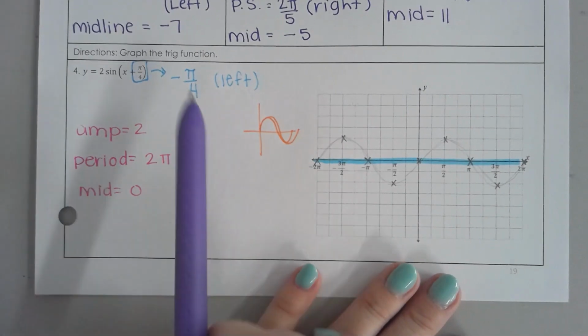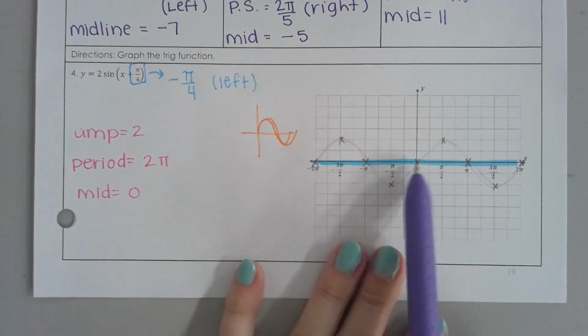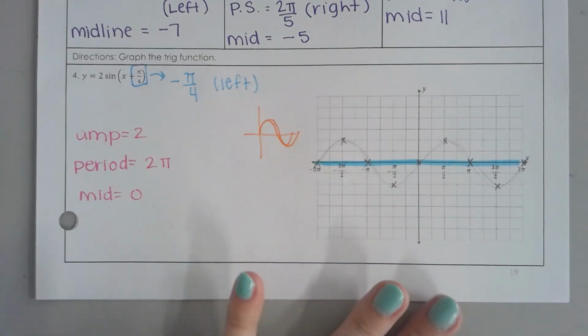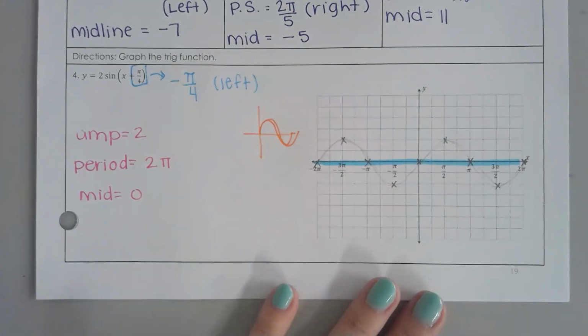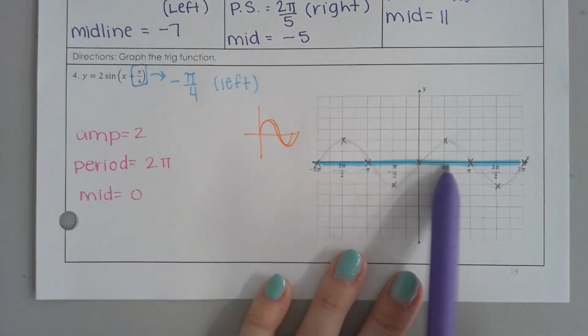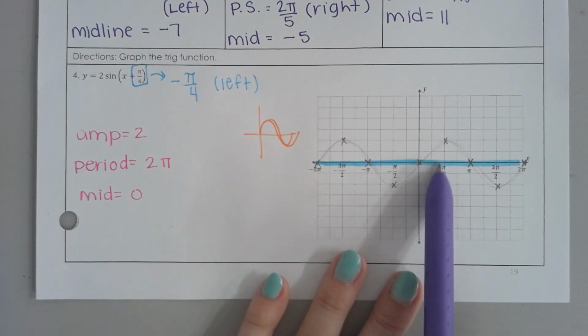Alright, we're going to move left pi over 4. So look at your scale. How many blocks do you think pi over 4 is? 1 block. Because pi over 2 is 2 blocks. Pi over 4 is half of that. So pi over 4 is 1 block.